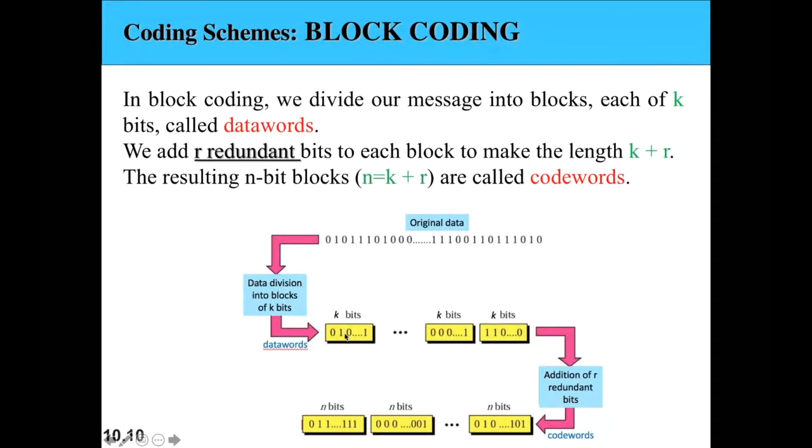Remember, when we divided our data into blocks, these were called data words, and the data words appended with extra information are called code words. Let's say the length of our data words was k, and we generated r redundant bits. So now the length of our code word will be k original bits plus r redundant bits, together n. So n equals k plus r.